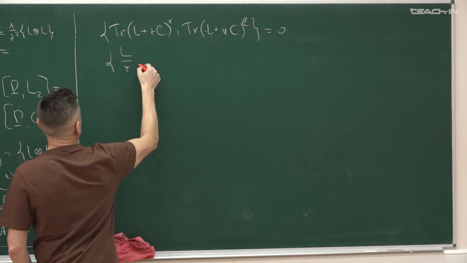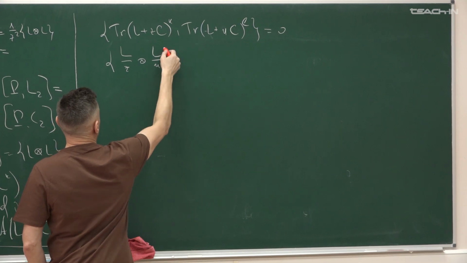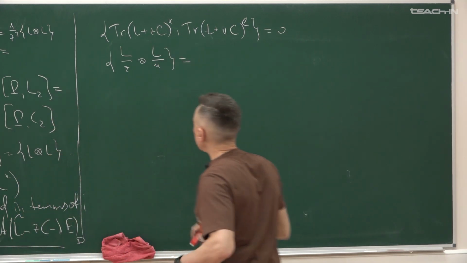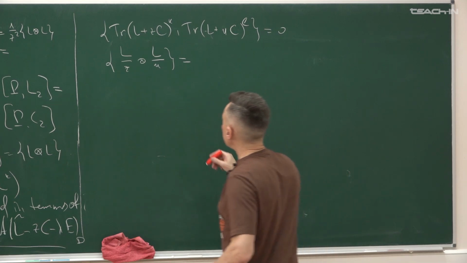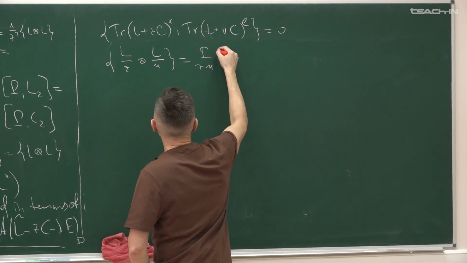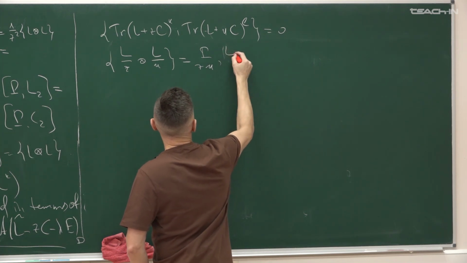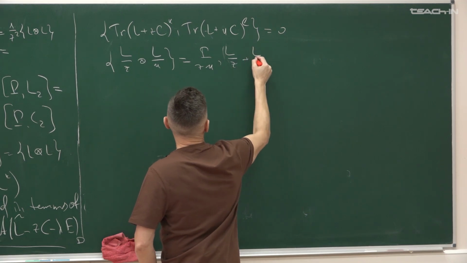L of z with L of u is equal to P over z minus u times L of z plus L of u.